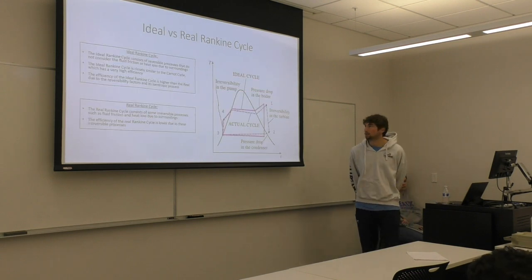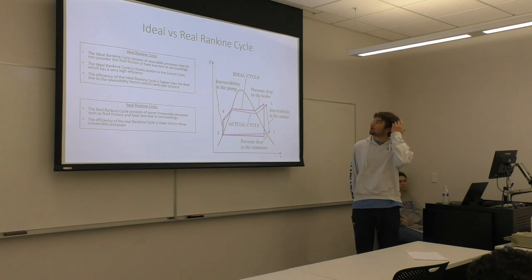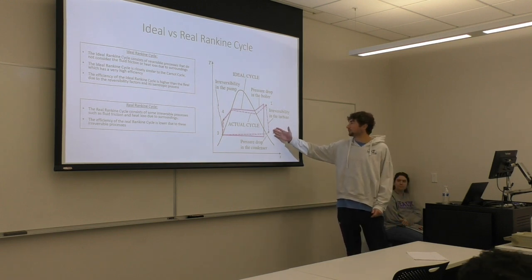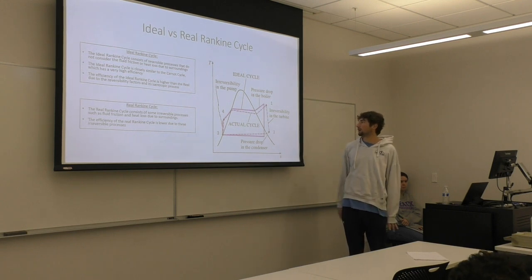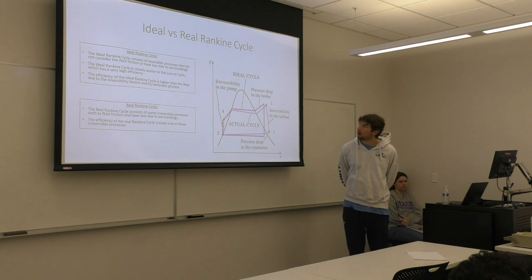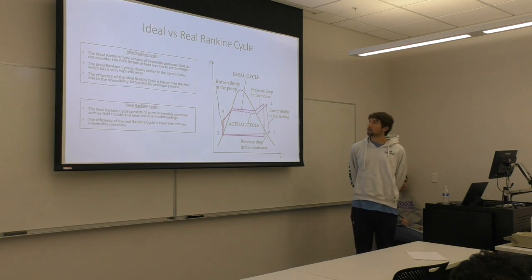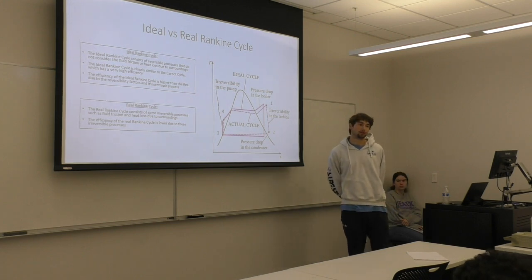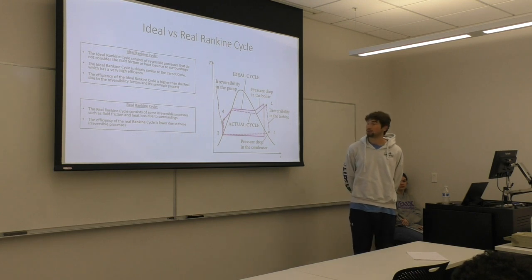So we have an ideal versus real Rankine cycle, and here you can see the temperature and entropy graph of them compared. The ideal Rankine cycle consists of a reversible process, and that means that there will be no fluid friction and no heat loss to the surroundings.